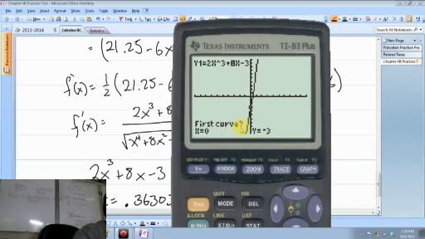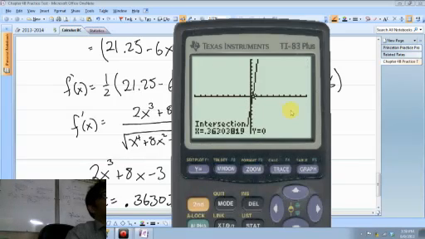You answer by pushing the enter button. So push enter. Now it's asking me another question. You answer by pushing enter. Then it's going to ask me a third question. You answer by pushing enter. Then it gives you the intersection. You are only really interested in the x value. X equals 0.363038.